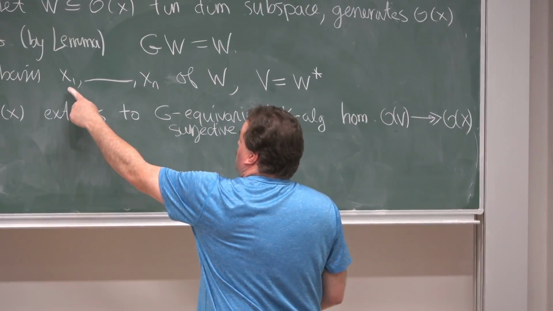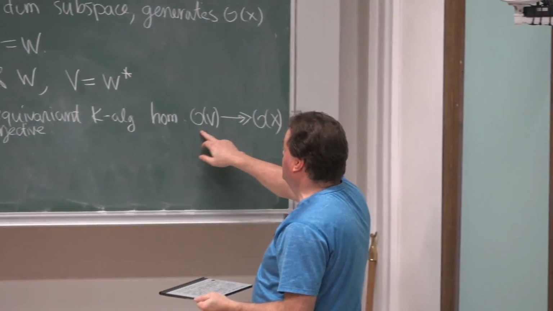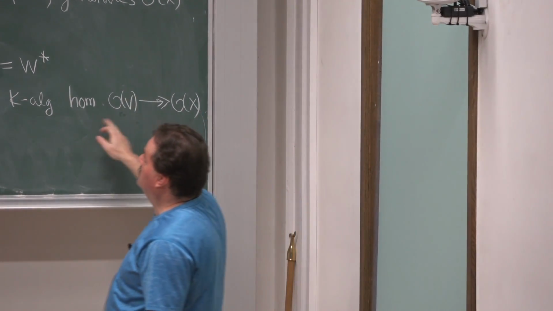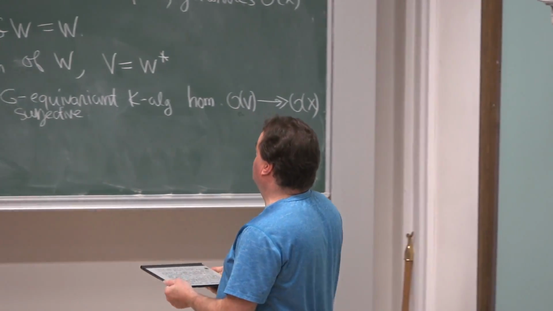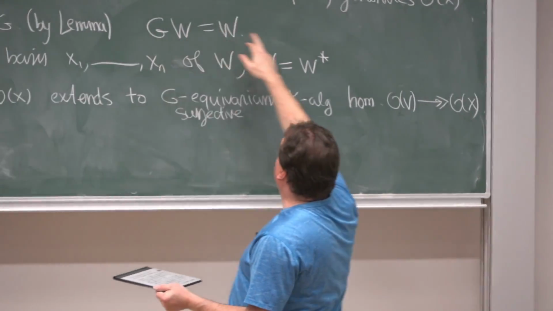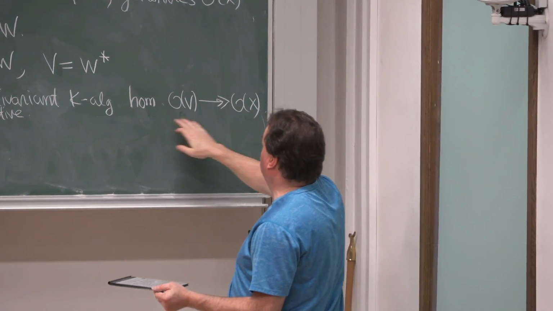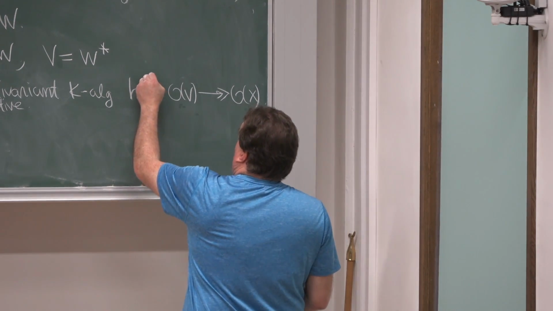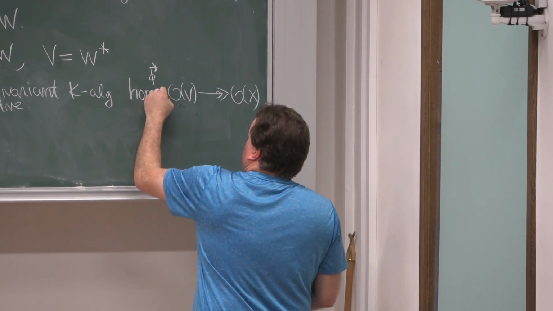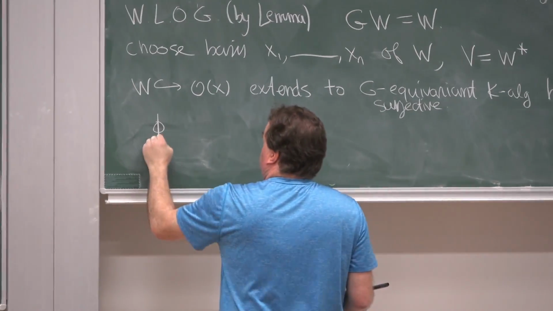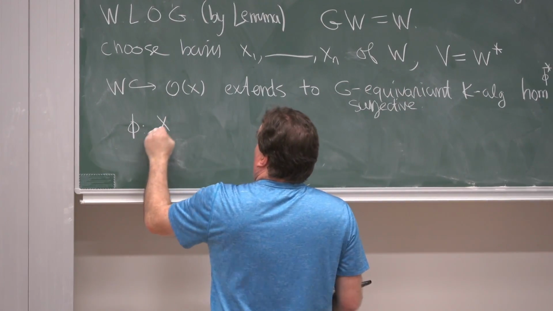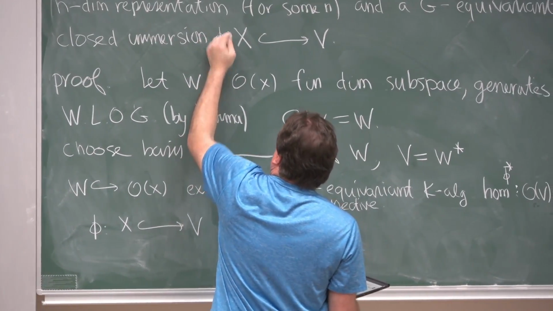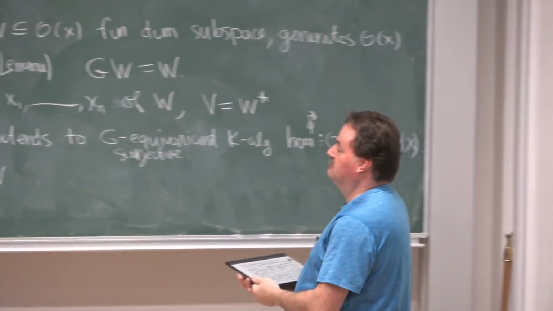If I say where x1 up to xn go to, then I just get an algebra homomorphism from this polynomial ring to this algebra. Everything is already G-equivariant. And since W generates, this algebra homomorphism will be surjective. Let's call this phi star. Then this phi star corresponds to this phi, that gives us the G-equivariant closed immersion.